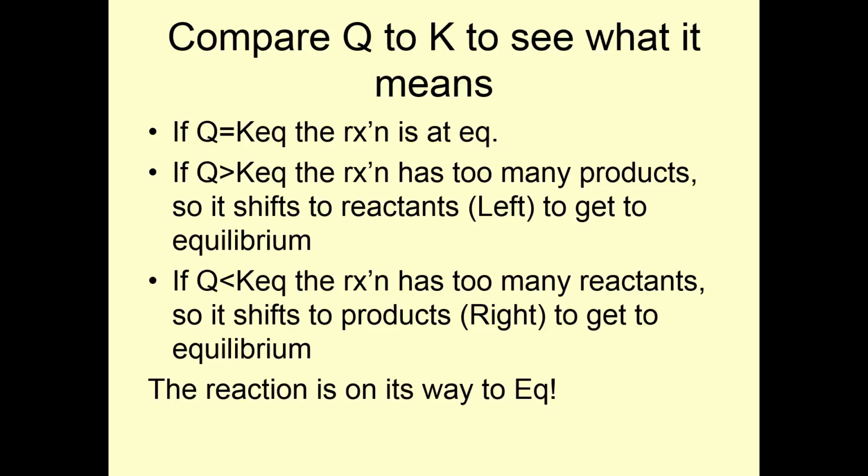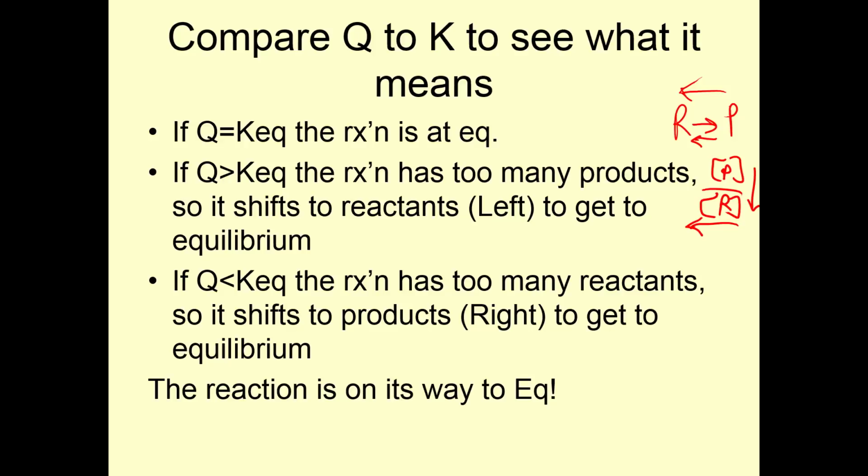So once you check the Q, you know it's at equilibrium if it equals the K. If the Q is bigger than the K, then we're taking this ratio of products over reactants. If the Q is bigger than the K, then there's too much of this. All right? And so in order to get to K, it has to go down. So then it has to shift towards reactants. Because remember, in products over reactants, if we want this to get smaller, we have to shift that way.